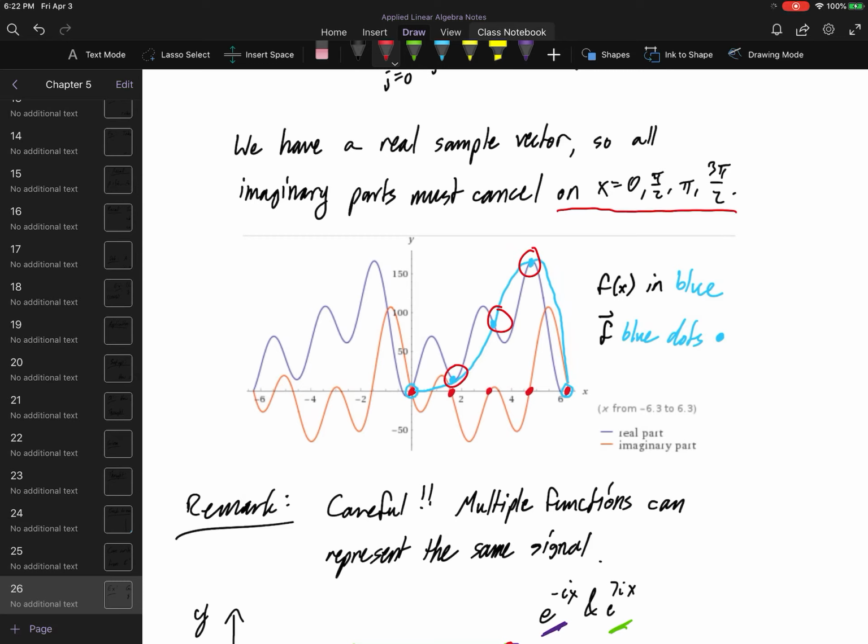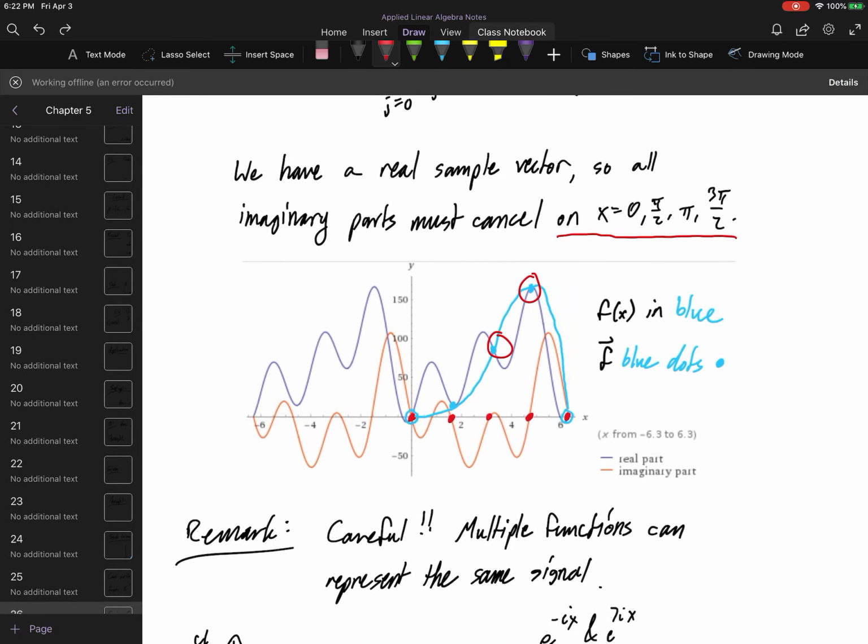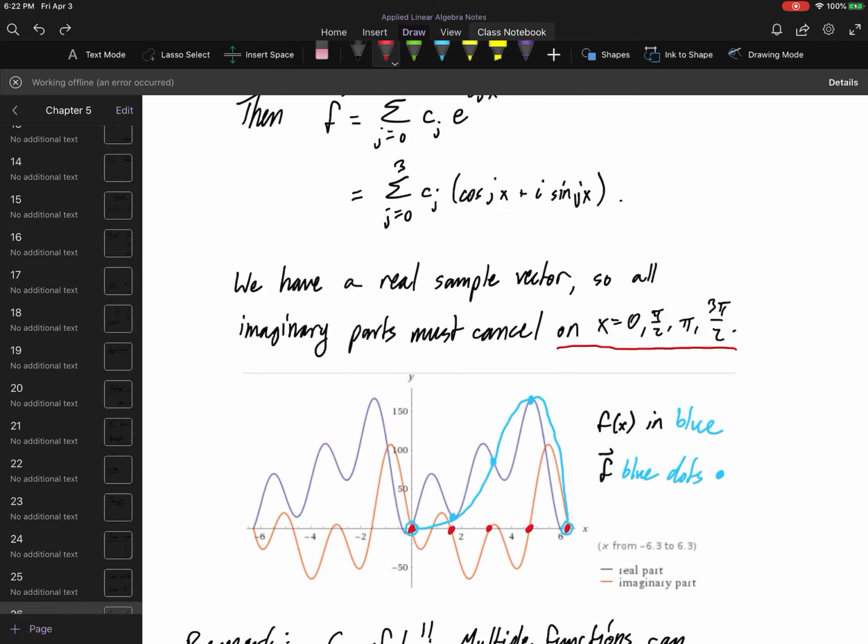But I also have this blue curve that's telling me where I've sampled the function. And notice what intersects: this purple curve is intersecting the blue curve on those locations exactly. And notice all the orange curves here, these all hit 0, so they all go away at the sample points. But the purple curve agrees with the blue curve at all of my sample points.